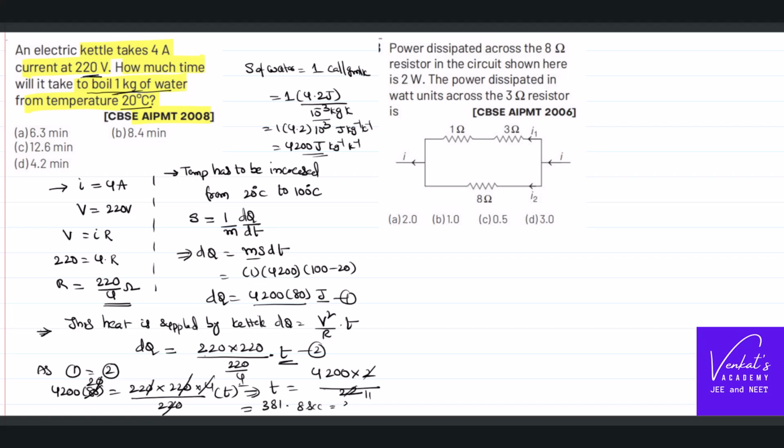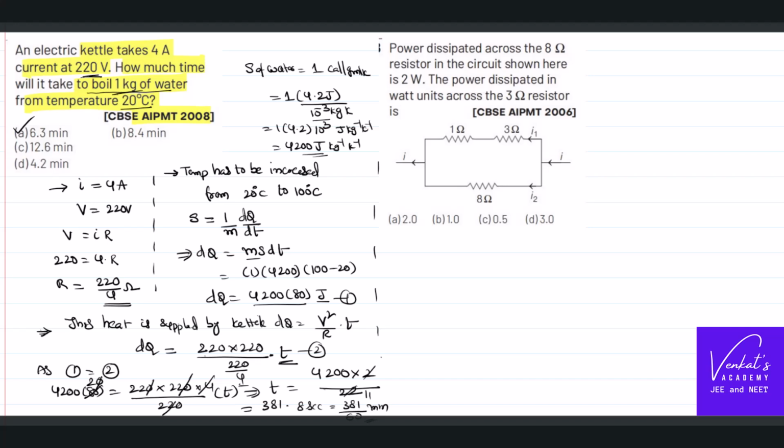But the answer is in minutes. So 381 by 60 minutes. 6 sixes are 360. So it is little more than 6 minutes. So I can blindly choose 6.3 minutes as the answer for the problem. That's how we have to solve that problem, right?